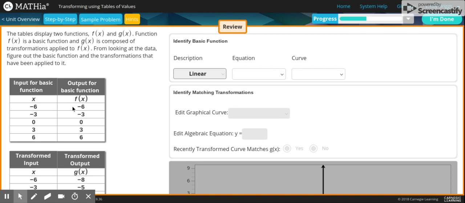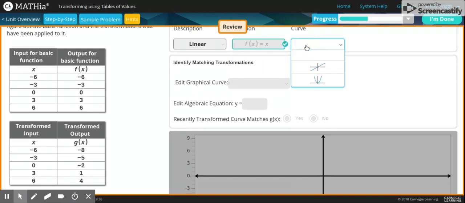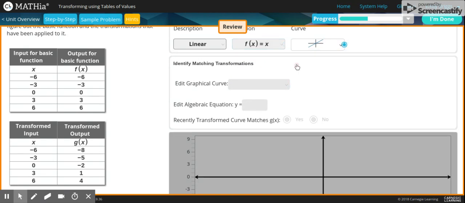That makes it linear, and then that makes it f of x equals x because it doesn't have squared in it when it's linear, and then it's a straight line.